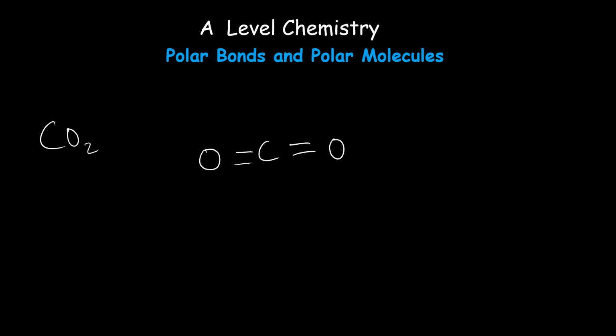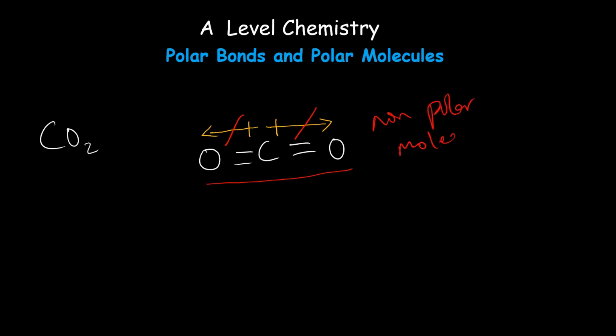So you draw your polarity this way. Now these symbols indicate that the electrons are more towards oxygen, and also we have another polarity this way as well. Because of the geometry of this molecule, this polarity and this polarity will cancel out each other. Hence, this compound is a non-polar molecule. I hope that makes sense.